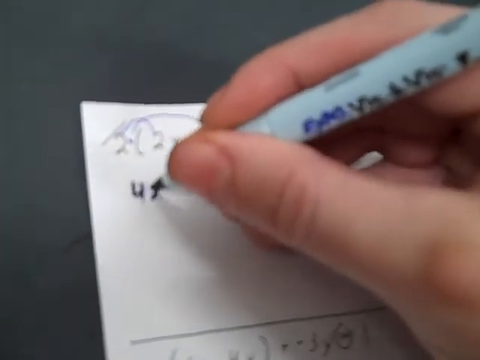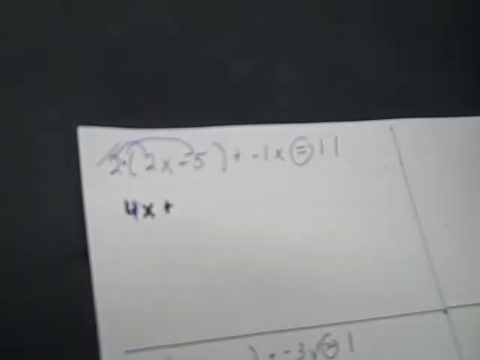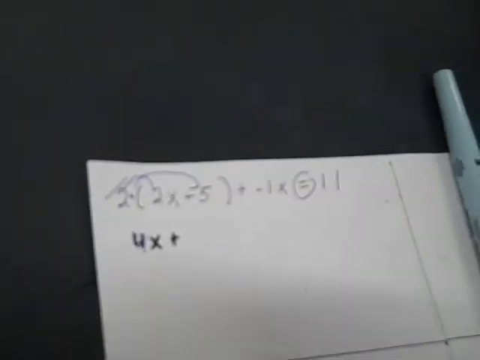That would need an x on it. Let me get a sharper marker so you guys can see it. So 2 times 2 is 4x, plus, and then I need to multiply again. I need to take 2 times negative 5. So 2 times 2 is 4x, and 2 times negative 5 is negative 10.